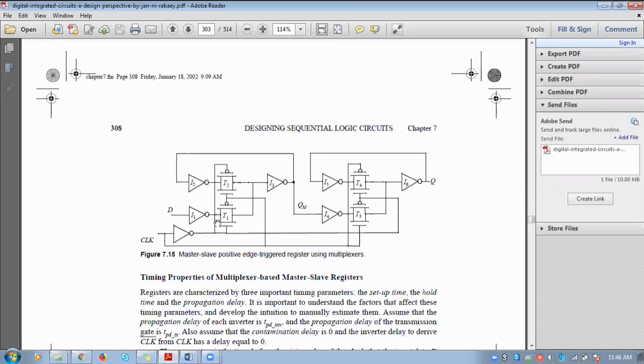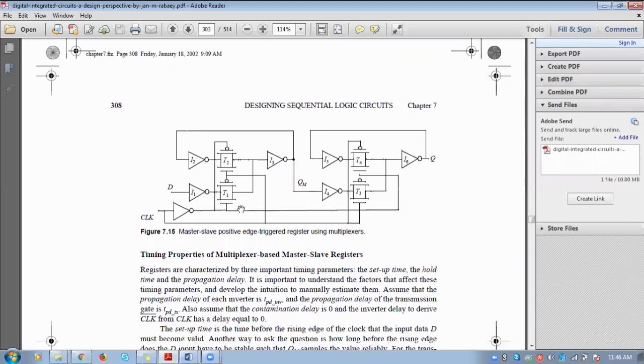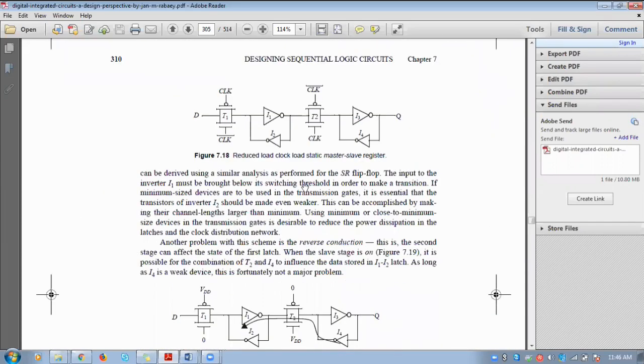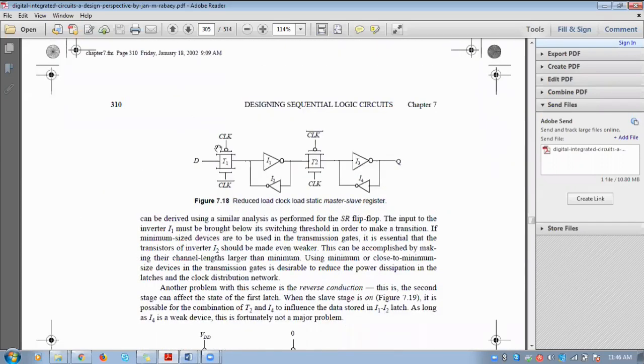So in order to reduce the clock overhead, we are going to modify the structure, and we are redrawing the structure using transmission gate. Here, the clock is going to drive only 2, 4, 6. Only 6 transistors in each and every stage compared to the previous one. The previous one clock drove 10 transistors.